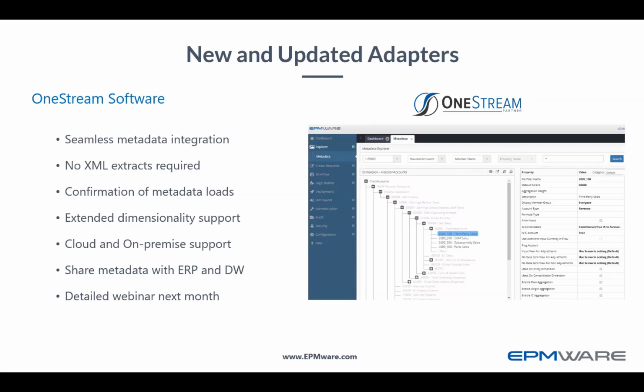This does support the extended dimensionality concept that's available in OneStream as well. You can see in this screenshot that if we're looking at a dimension called Houston accounts, it only allows us to see or update members that are applicable to that dimension.